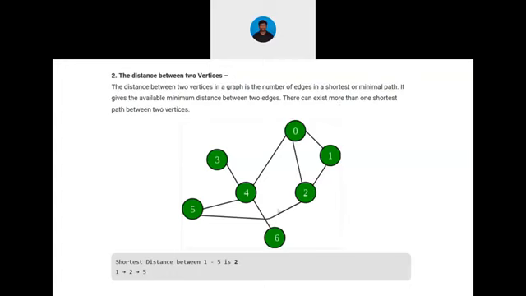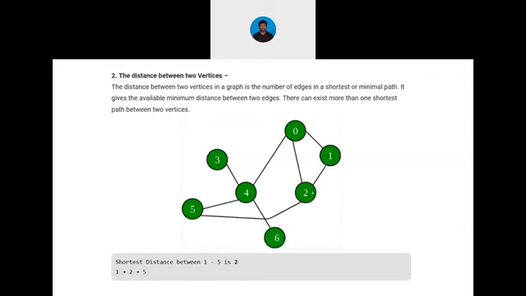Consider this graph. What is the shortest distance between 1 and 5? Here, 1 to 2, then 2 to 5, so the distance mentioned here is 2. What is the distance between 1 and 2? It is 1.